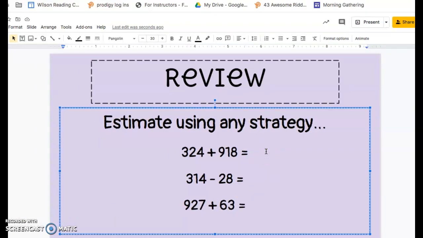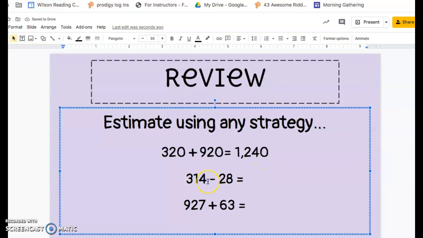Welcome back. So let's review the estimation strategies and answers we could have used to get these answers. For 324 plus 918, I chose to go to numbers that are close to those two numbers in order to estimate. So 324, I actually estimated to 320. And for 918, I estimated to 920. When I put those together, I got 1,240.